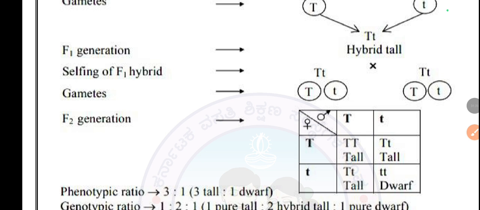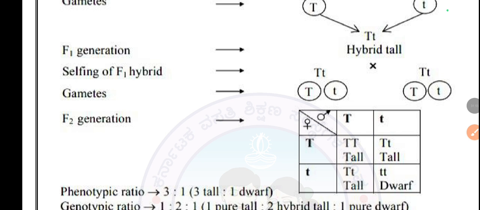Four types of plants are available. That's a tall, capital T, capital T, then capital T, small t, it's a medium, and capital T, small t, that's also medium. Then small t, small t, that's a dwarf. Based on the checkerboard, a 3:1 ratio will arise.